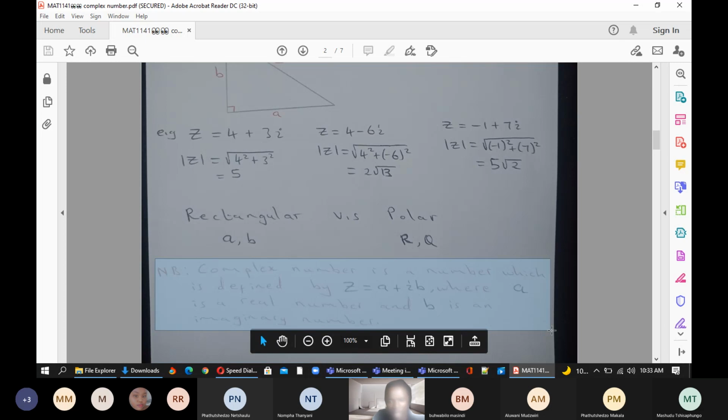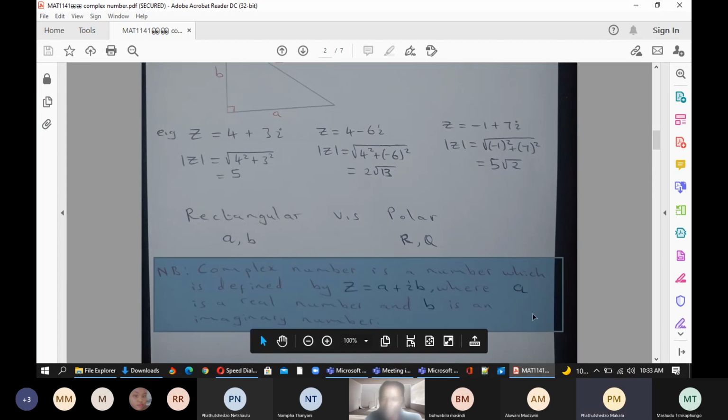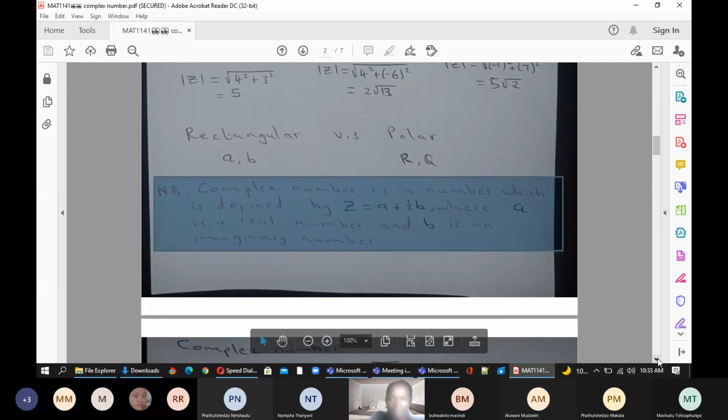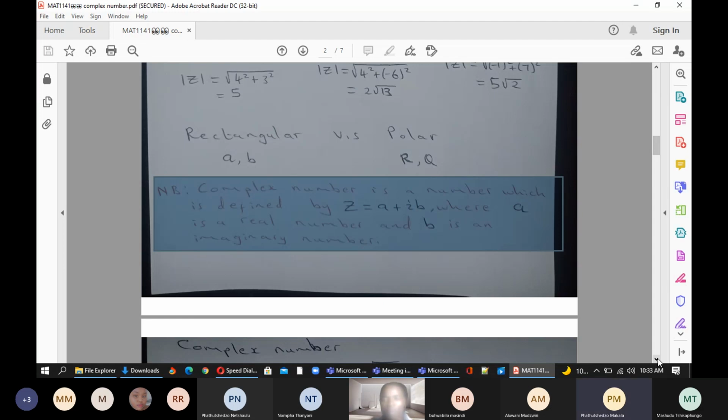A complex number is the number defined by z equals a plus ib, where a is a real number and b is an imaginary number.